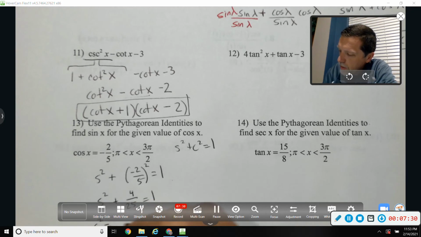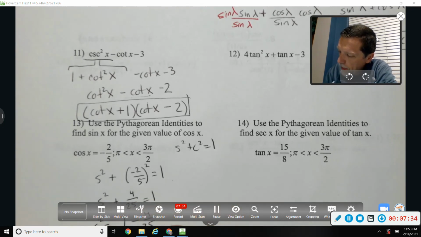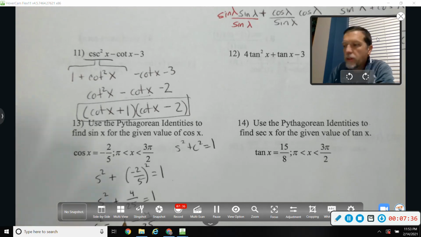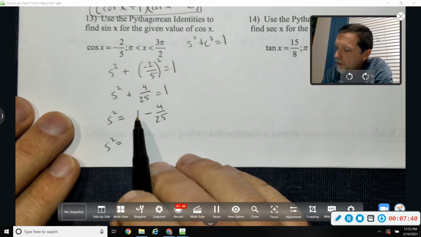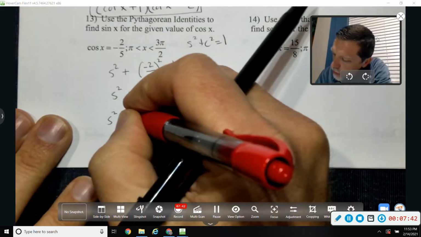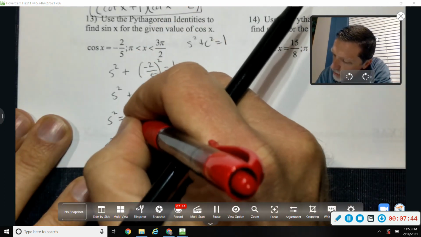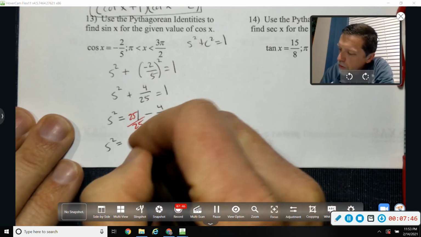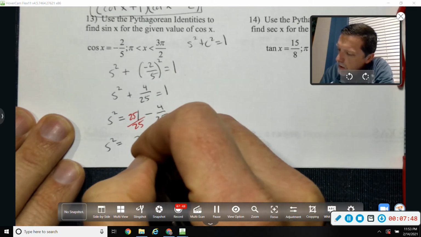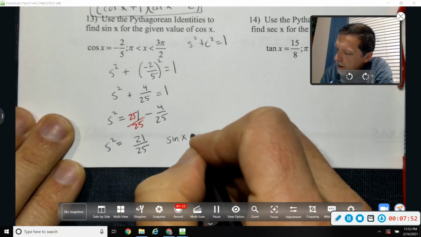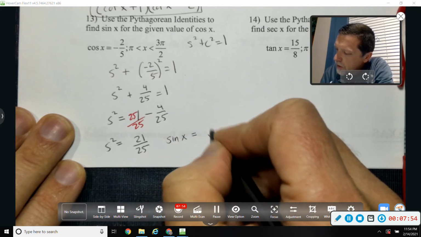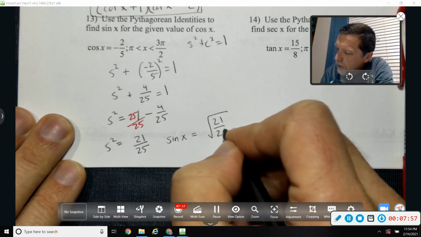Sine squared equals 1 minus 4/25. Need a common denominator. So, show my work, 25 over 25, minus 4 is 21 over 25. So sine of x is equal to the square root of 21 over 25.